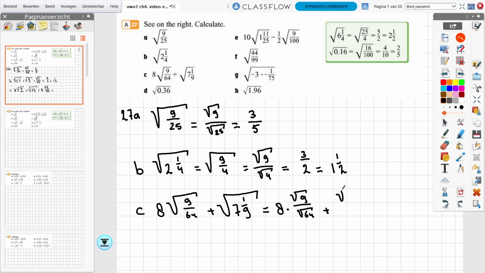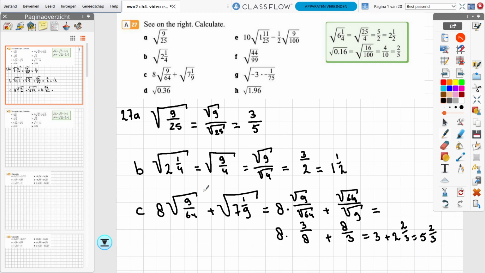I immediately write it now down as the root of 64 over the root of 9. Why does this work? Well, because root 9 is 3, root 64 is 8. Okay? And 8 times 3 is 24 divided by 8, this is 3, plus 8 over 3, which you could say is the same as 2 over 3. So the answer is 5, 2 over 3.